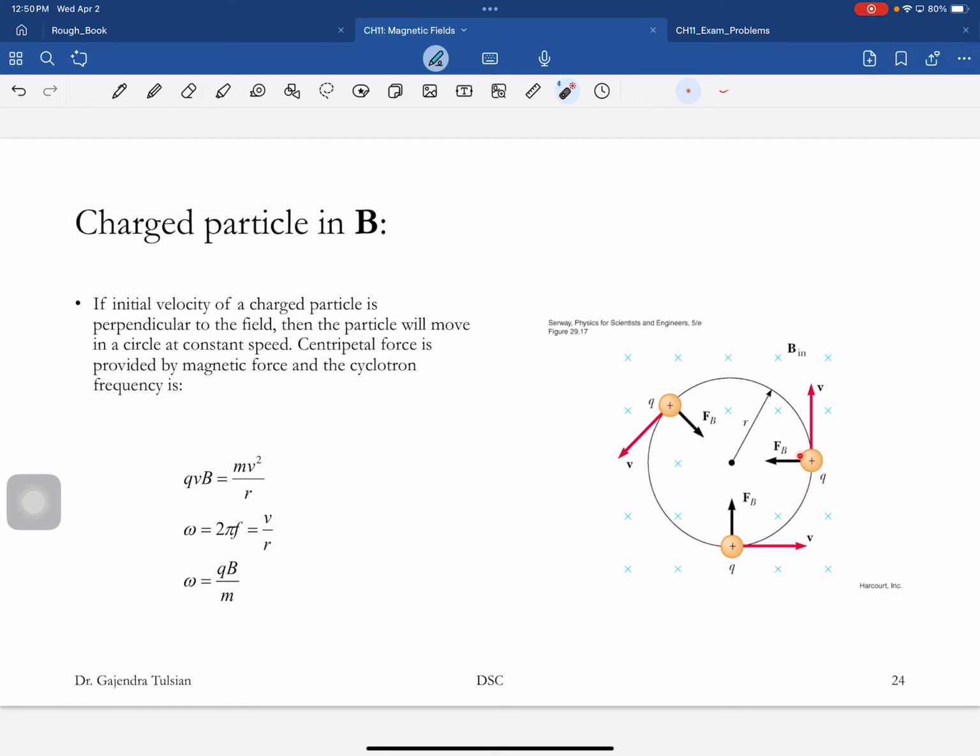The force on this proton will be in that direction. And this proton will turn like that. And when it's here, V cross B is in this direction. So you see the force is always towards this point. And so if you throw a proton perpendicular to a magnetic field, it goes around in circles.